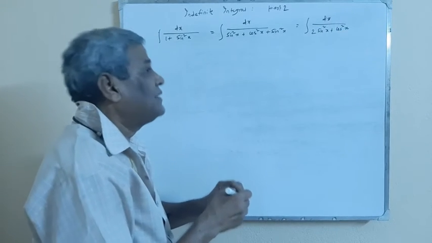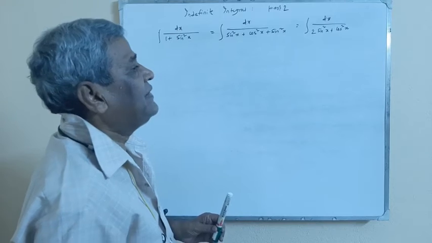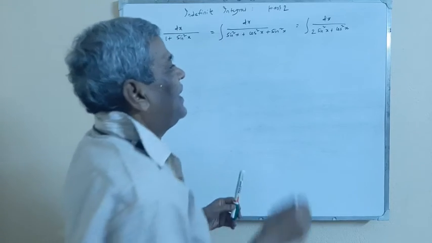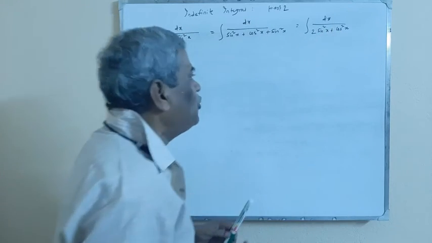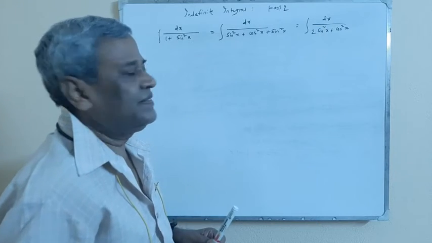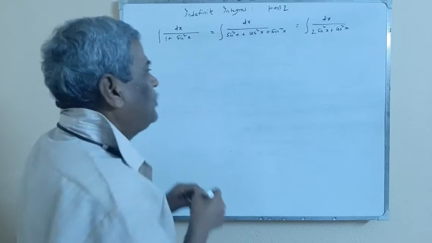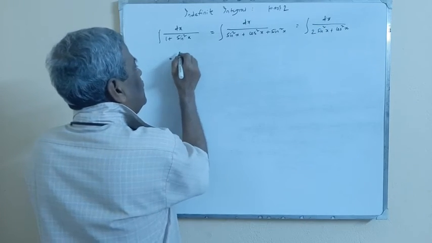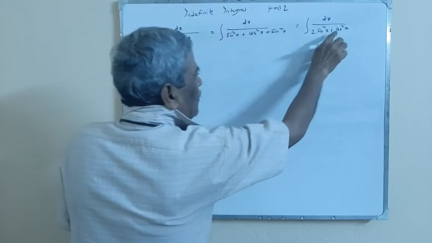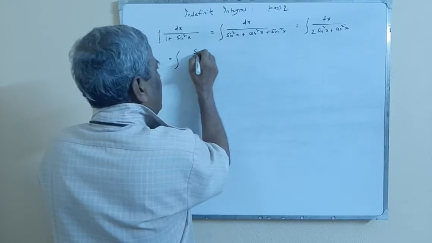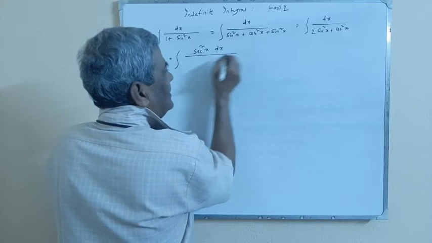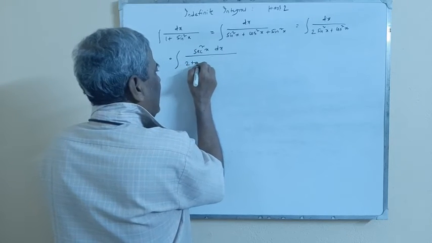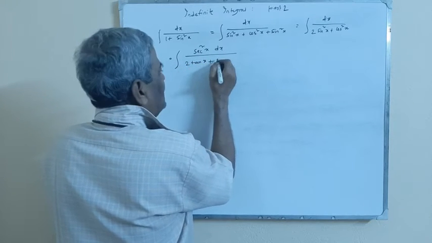It has a definite form, so divide throughout by cos square x. Then we get the answer. How? If I divide by cos square x, it is equal to sec square x dx by 2 tan square x plus 1.